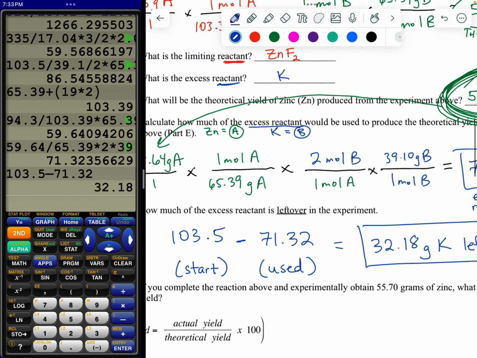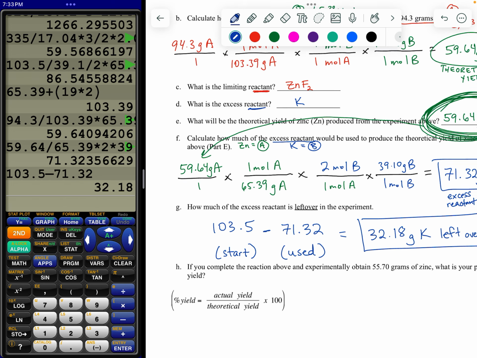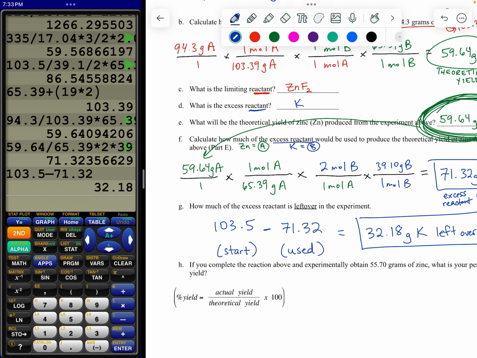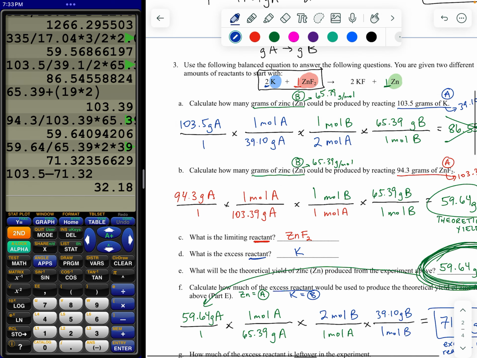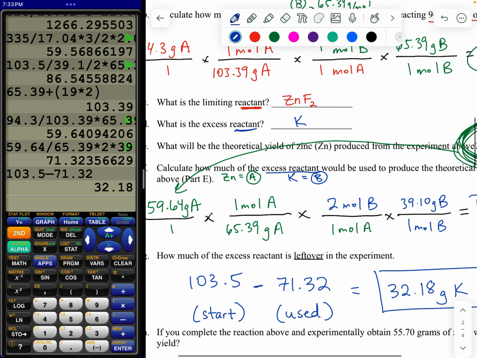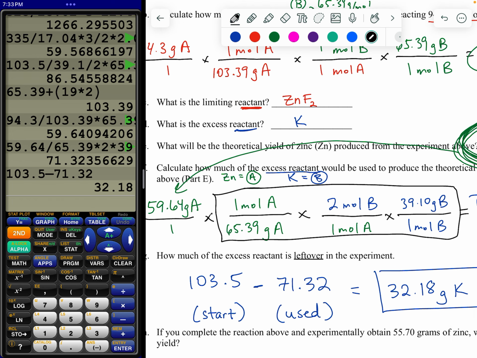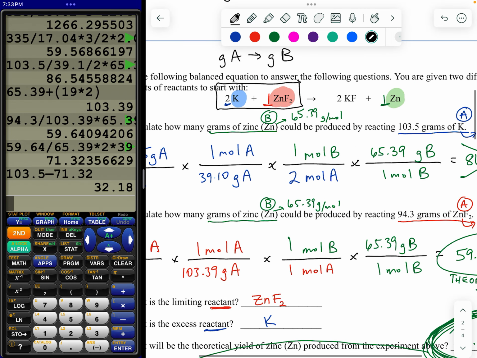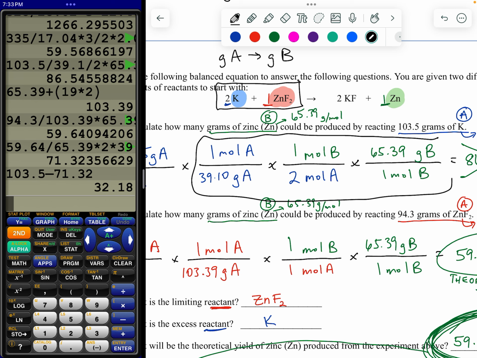And if you like to see patterns in things, if this helps you identify what your excess reactant is, if you look up here, the steps that we took in this middle portion are the exact same steps that we took here. The only difference is down there we went backwards and we just flipped everything.